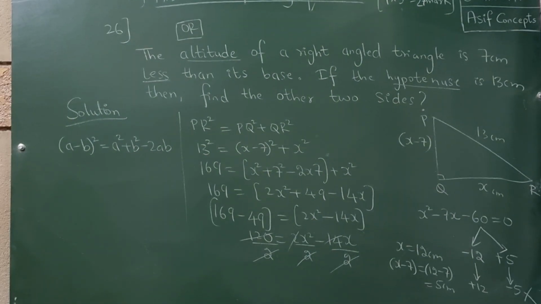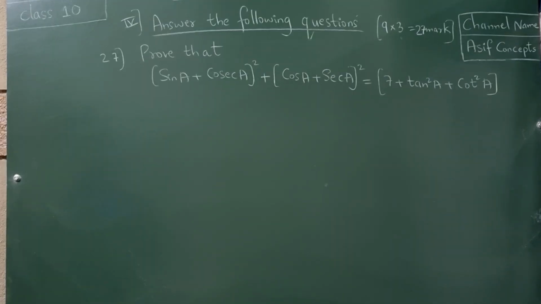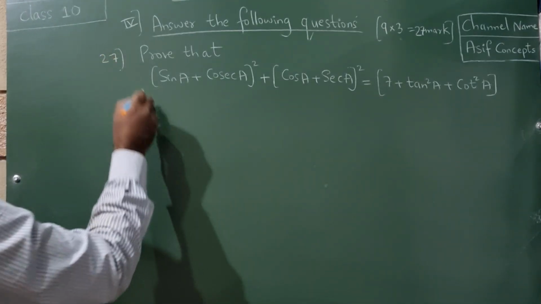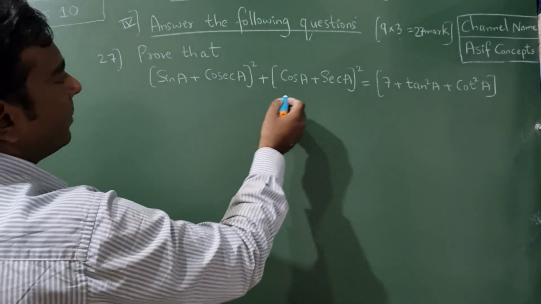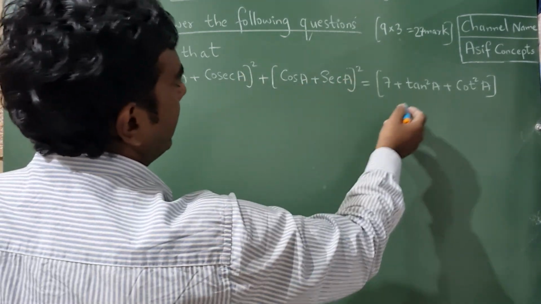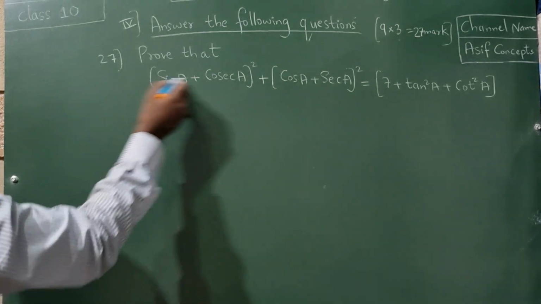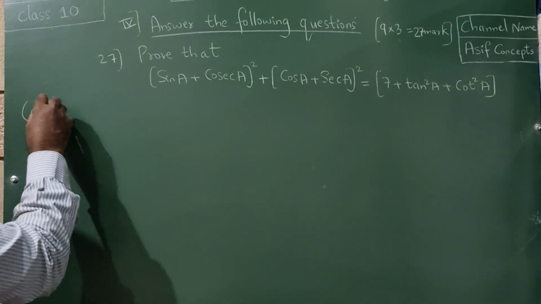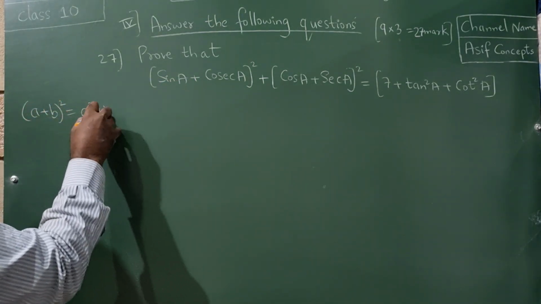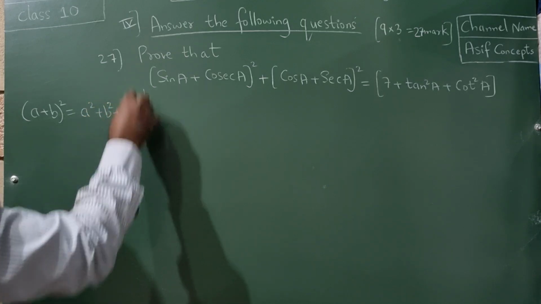Now the 27th question is, prove that (sin a plus cosec a) square plus (cos a plus sec a) square is equal to 7 plus tan square a plus cot square a. Now to solve this, I'm going to use the formula (a plus b) square, a square plus b square plus 2ab.